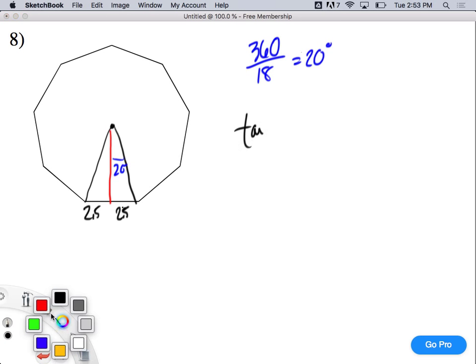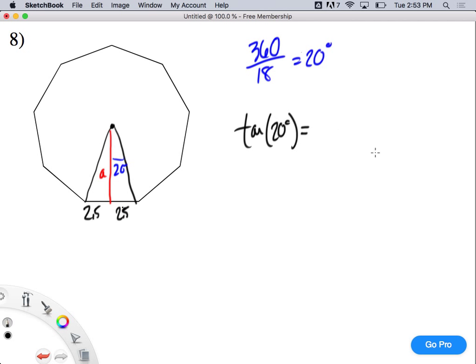Tangent. Here's the apothem. Tangent of 20 degrees equals opposite over adjacent. Which is the opposite side? 2.5. Which is the adjacent side? A. The A is always the adjacent side, right?